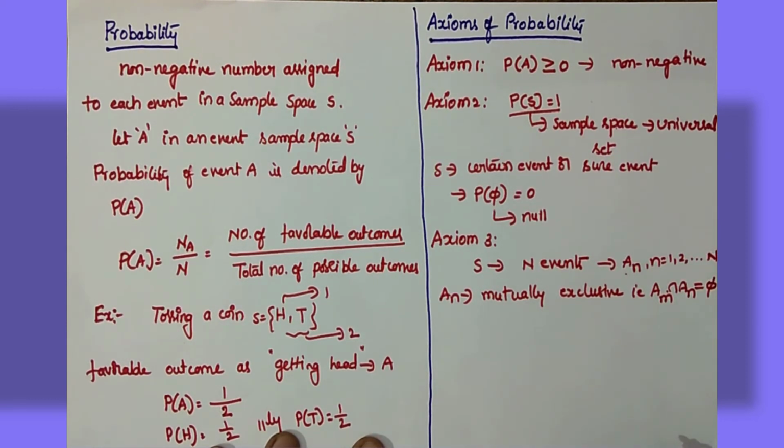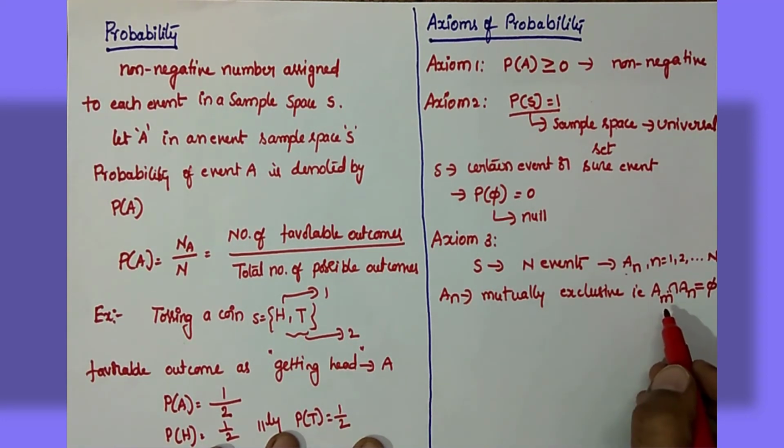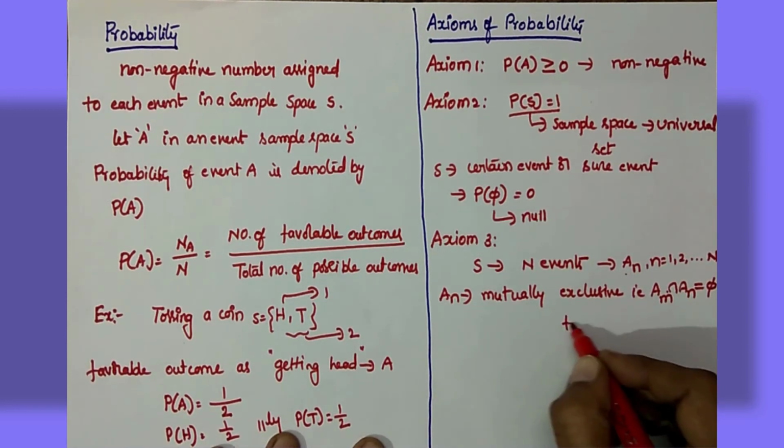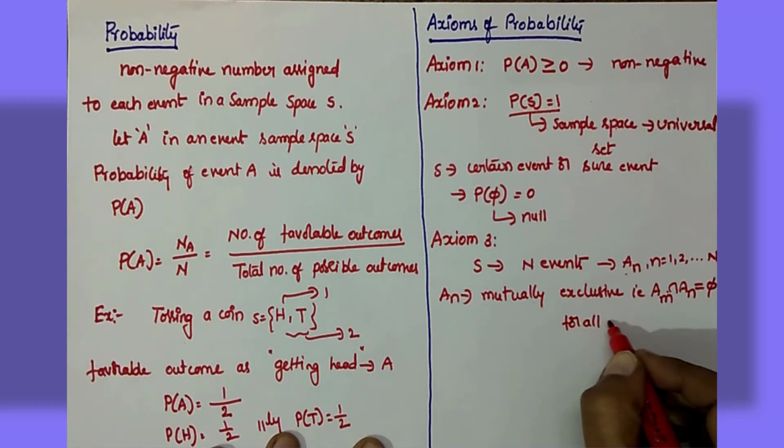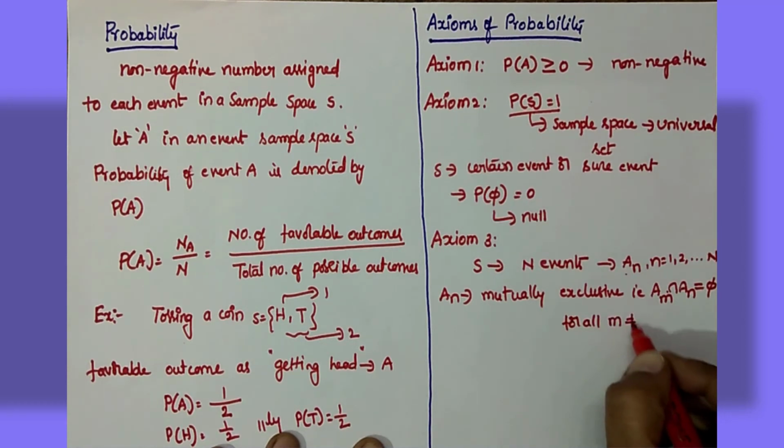What are mutually exclusive events? They have no common elements. If there are no common elements, their intersection gives you the null value. So mutually exclusive here means Am intersection An is equal to phi for all m not equal to n.